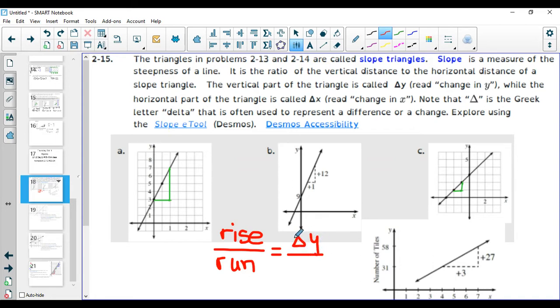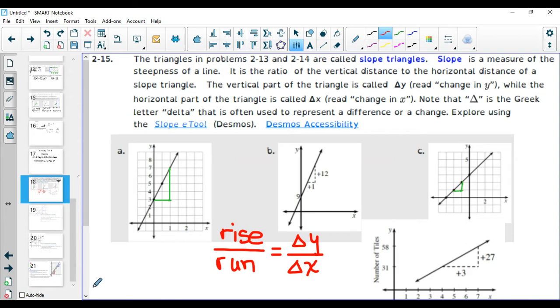And instead of having to type out the change in the value, we just use this little symbol of a triangle, and that's referring to how much it's changing. Just like instead of writing out the words equal to or is equal to, we just use the equal sign. So for this, we have the change in x for our horizontal distance.